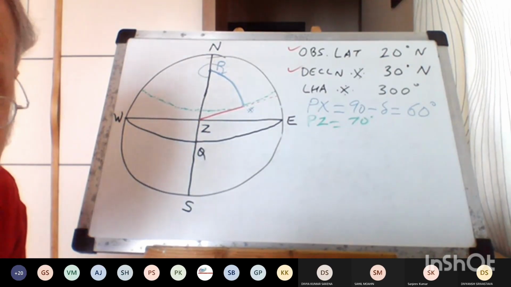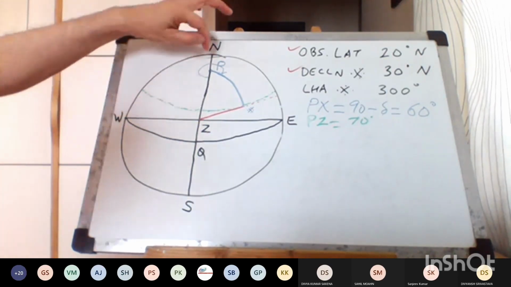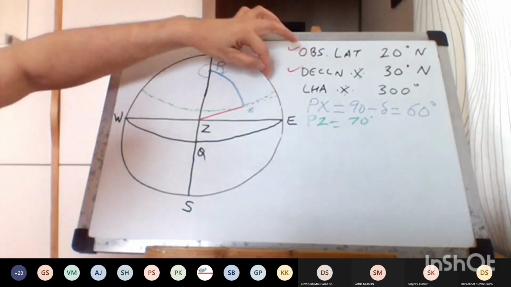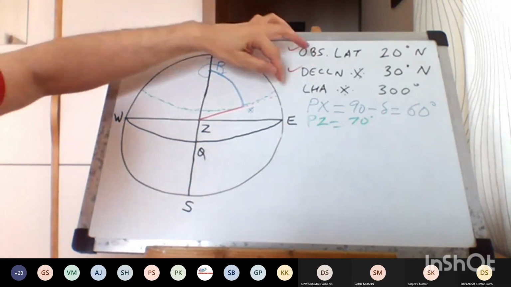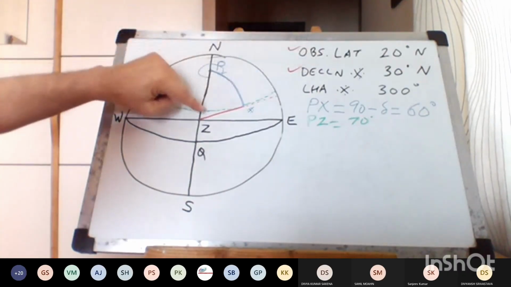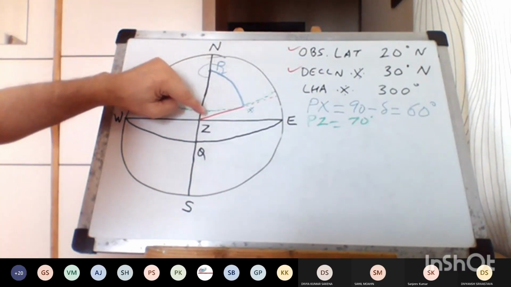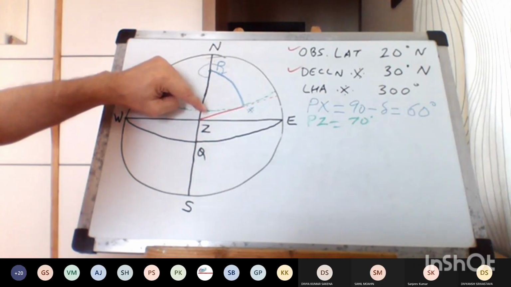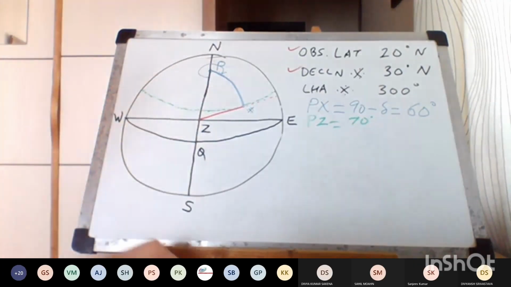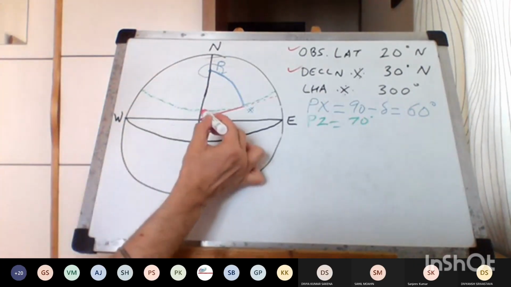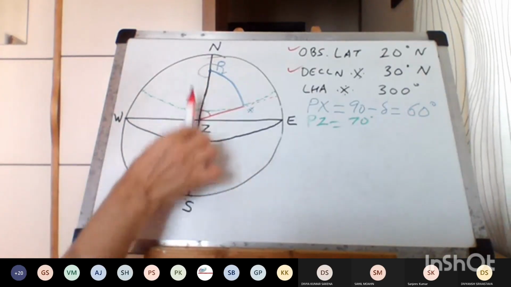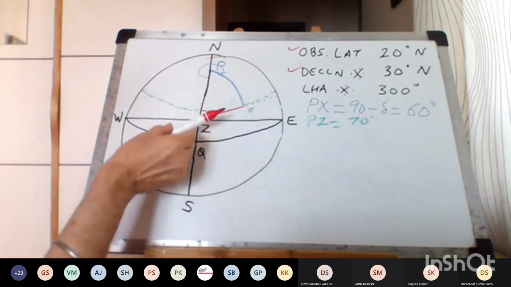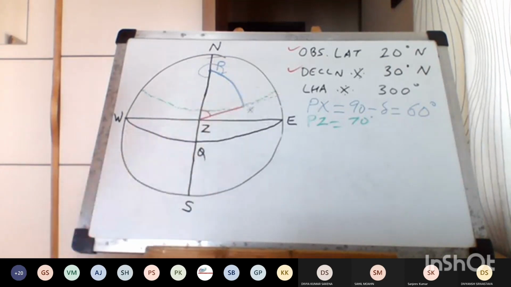The definition of azimuth is the arc of the rational horizon, or the angle at the zenith, between the observer's meridian and the vertical circle passing through the body.